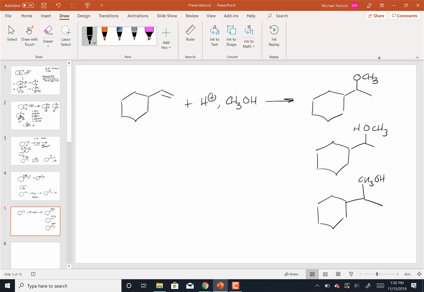The bond has to go from this carbon to the actual atom that it's attached to, which is going to be the oxygen. So don't draw that bond. Number two, should the H be there or not?